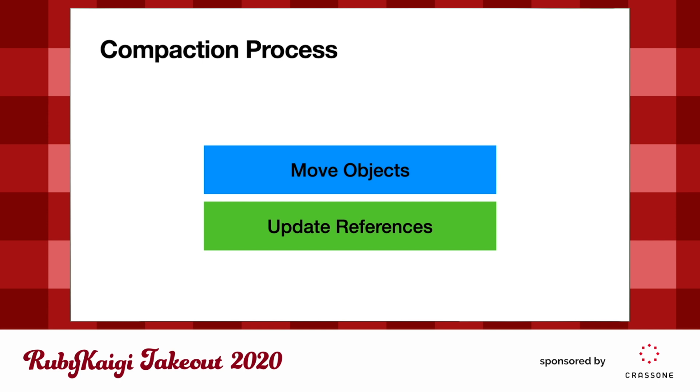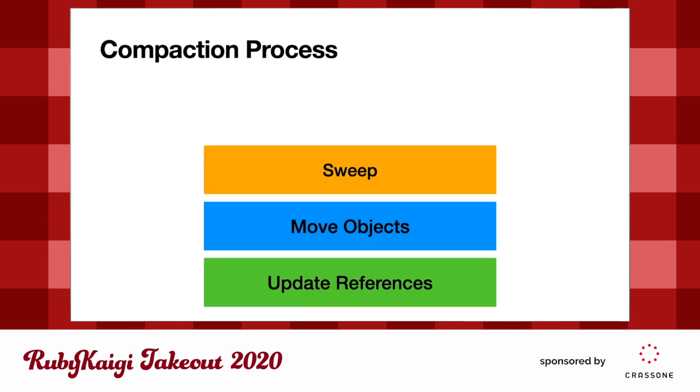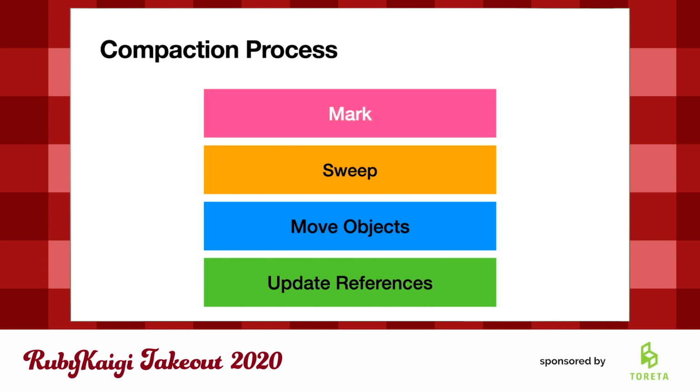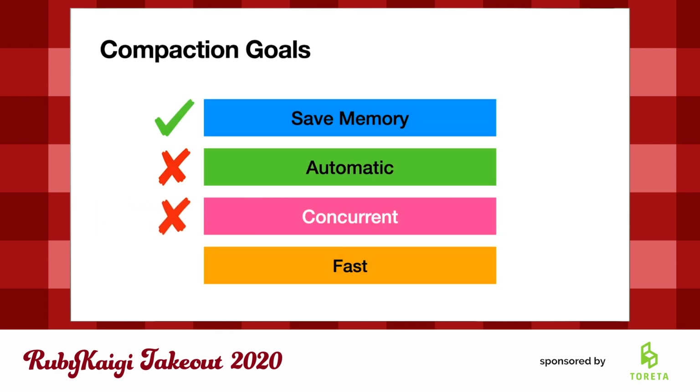And of course, this means that the mark step has to happen before the sweep step. This empty slot requirement is one reason why we can't run the compaction algorithm concurrently with other processes.